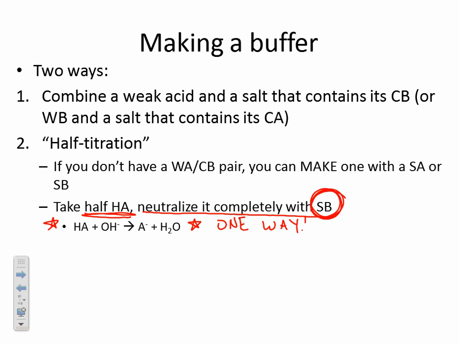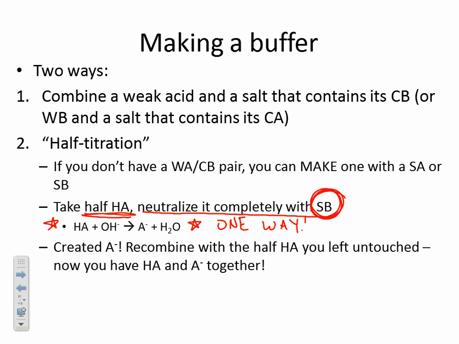So again, we've taken half of our HA and we've undergone this particular reaction. The reason we did that is because this reaction made A minus. So we didn't have one of the components of the buffering system, right? We only had one.